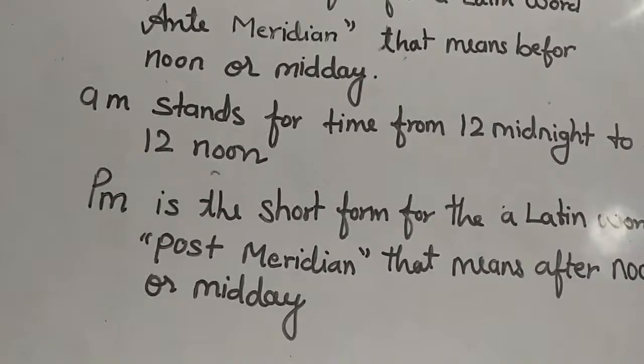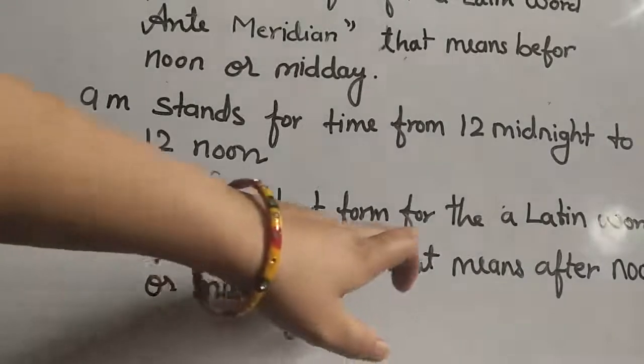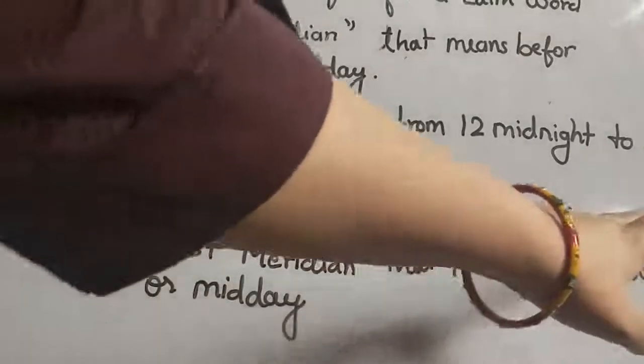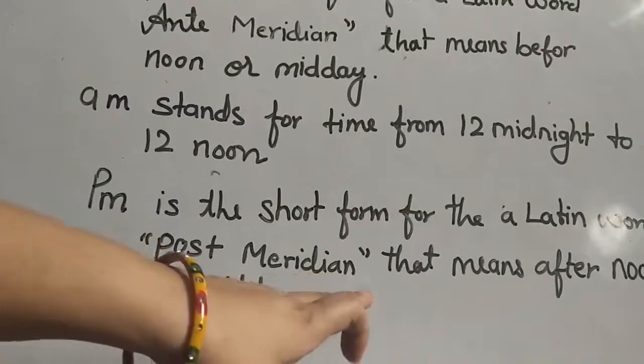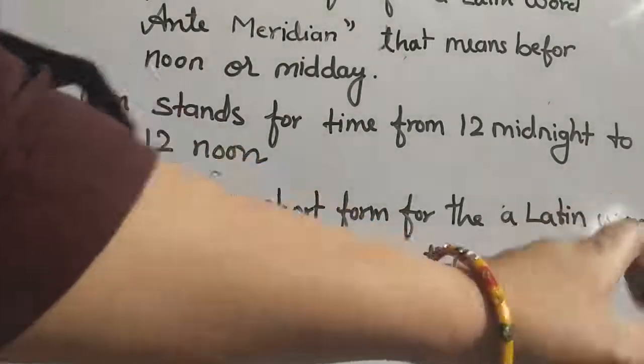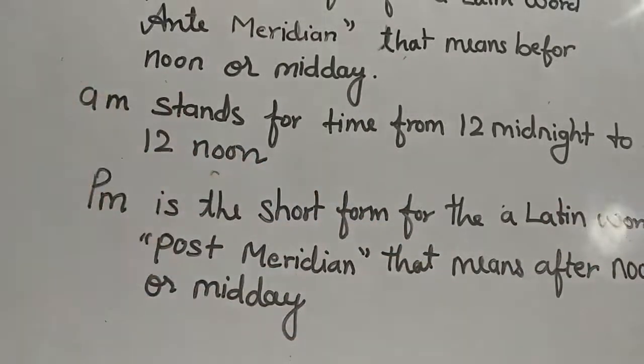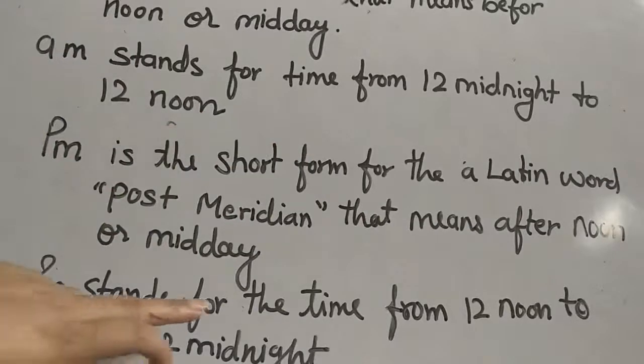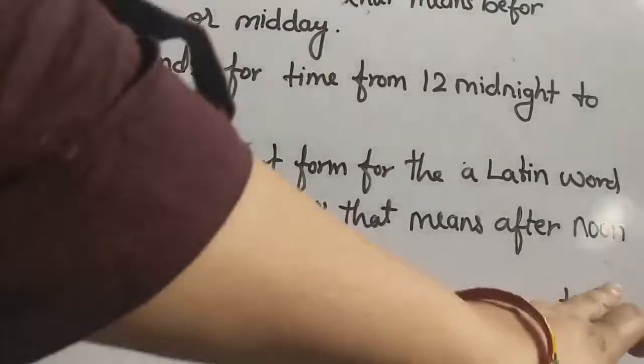Now let us see what PM is. PM is a short form for the Latin words post meridian, that means afternoon or after midday. PM stands for the time from 12 noon to 12 midnight.